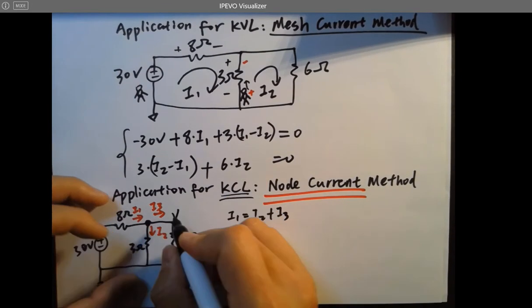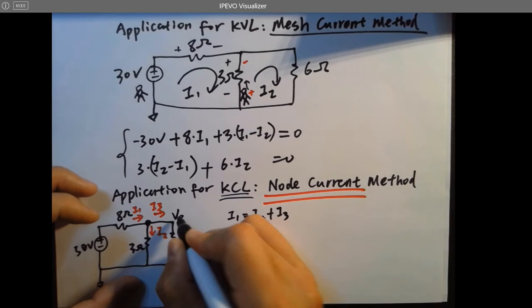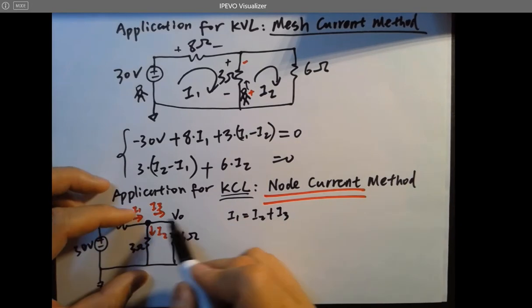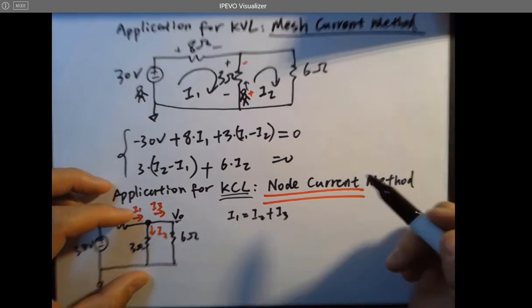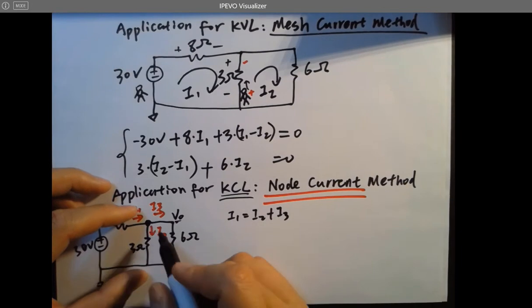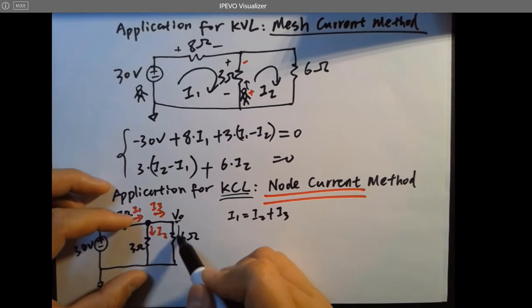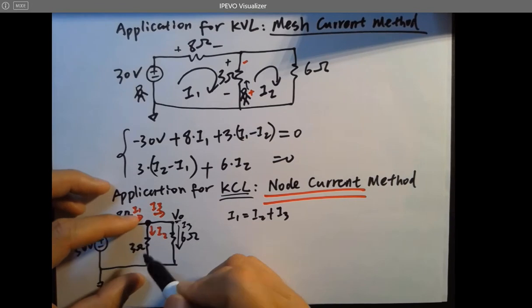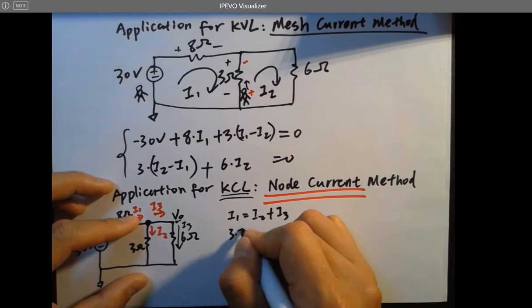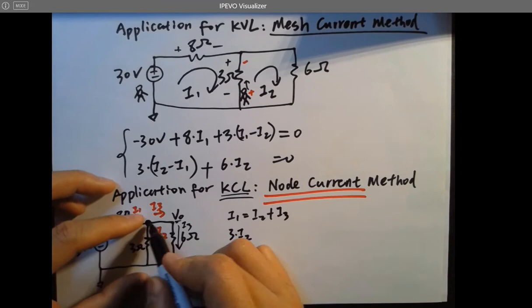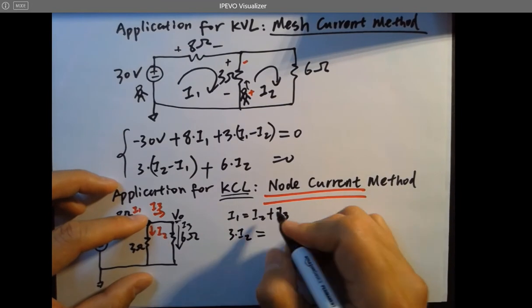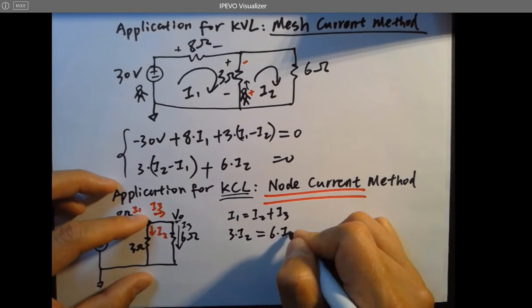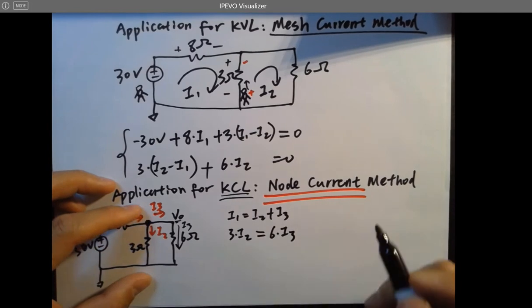I can label this as V0, but I'm not going to use this variable, since it just introduces more variables. But you should know that I3 is flowing through here and I2 is flowing through here, so 3 times I2, which is the voltage V0, equals 6 times I3, which is also V0. That's the second equation.